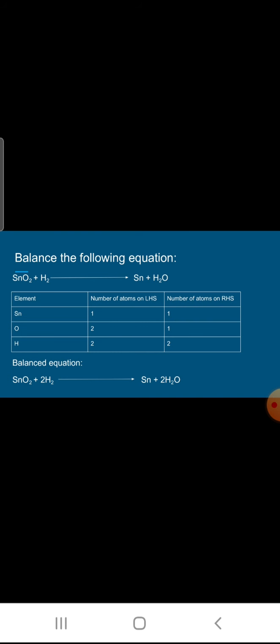Therefore, to balance the hydrogen atom, put coefficient 2 before H2 gas. Now, check your equation. Here, SnO2 plus 2H2, arrow, Sn plus 2H2O. Hence, this equation is now a balanced equation.